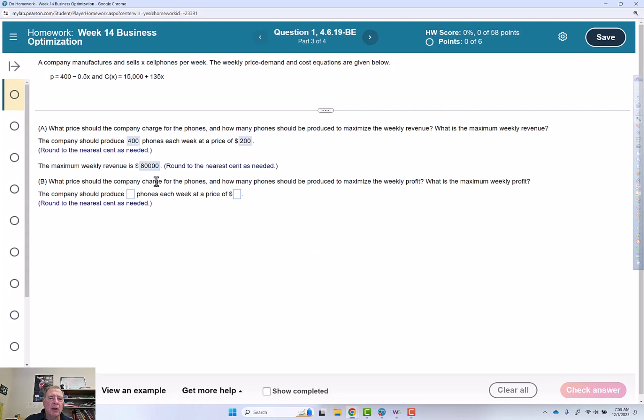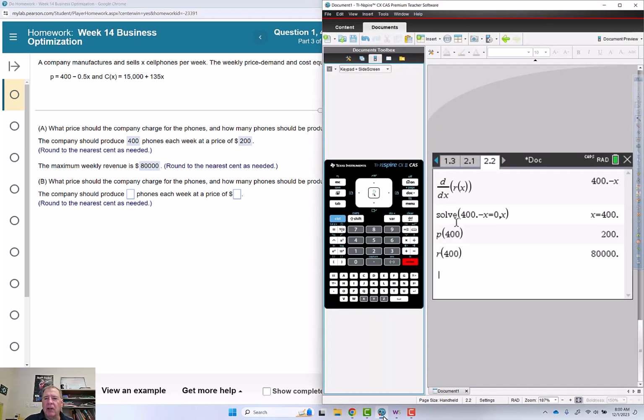What price should the company charge for the phones, and how many phones should be produced to maximize weekly profit? What is the maximum weekly profit? So now to maximize profit, we're going to set marginal revenue equal to marginal cost. We already did marginal revenue, the derivative of the revenue function.